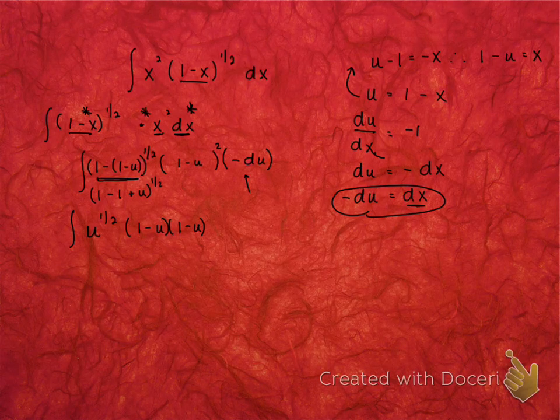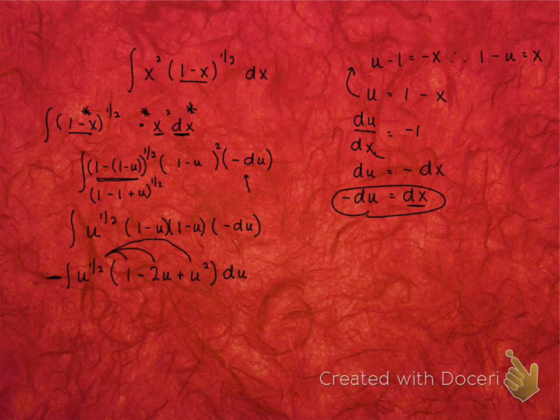So we need to distribute that, and we'll get to that in the next step. Okay? So 1 minus u all squared is 1 minus 2u plus u squared. And then the negative by the du is going to come out front. And there we go. Now, what we're going to do is distribute the u to the 1/2 in.